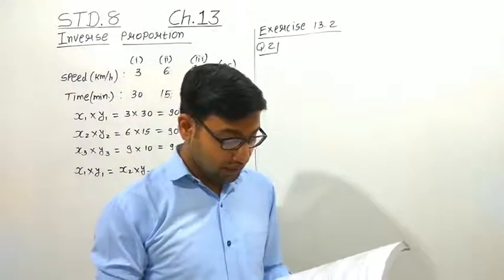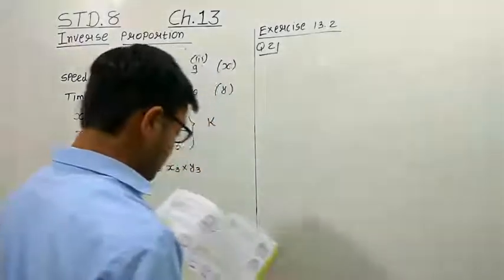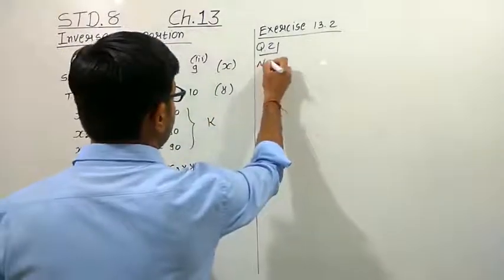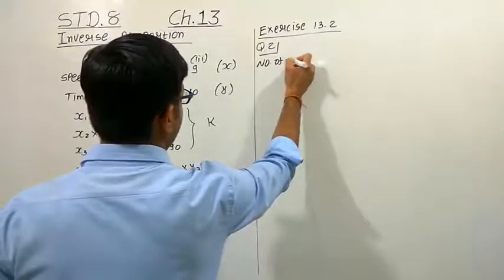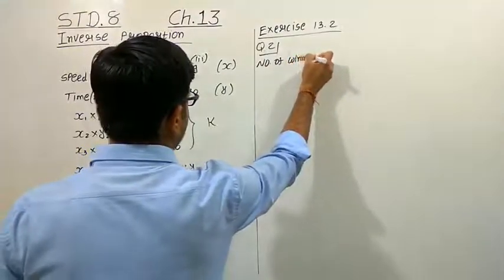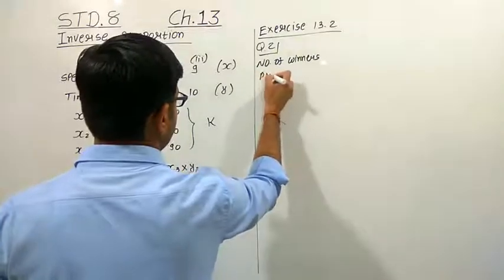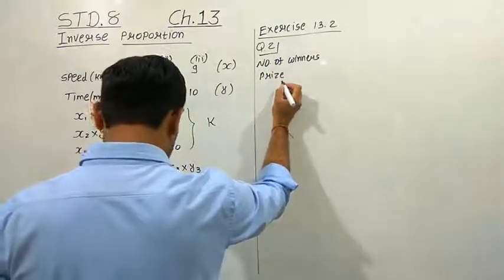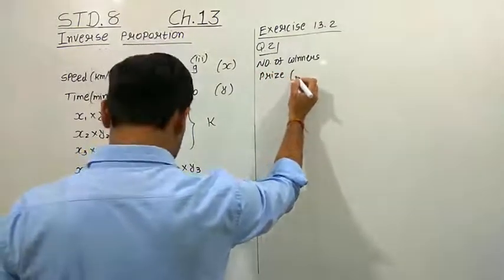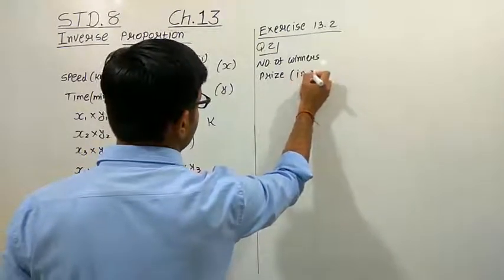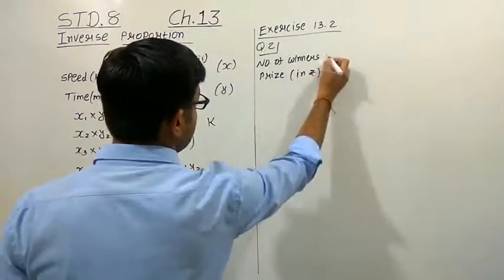So first of all, here two rows are given. First is the number of winners, and second one is the prize for each winner, and this prize is given in rupees.